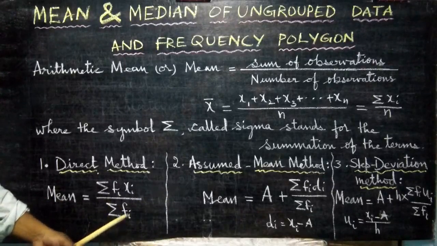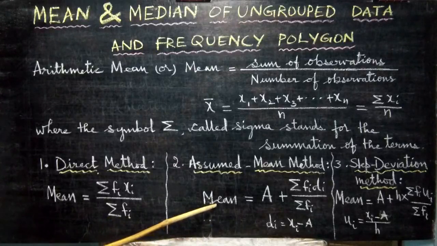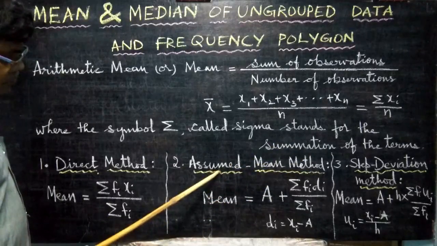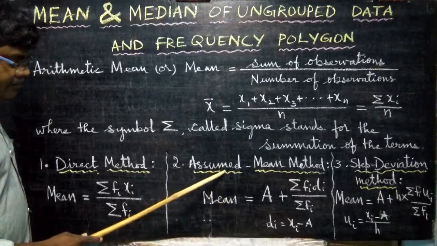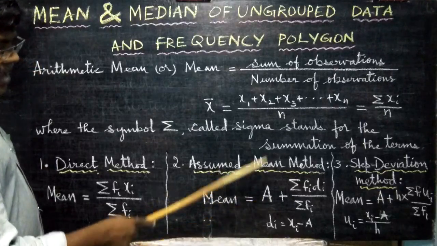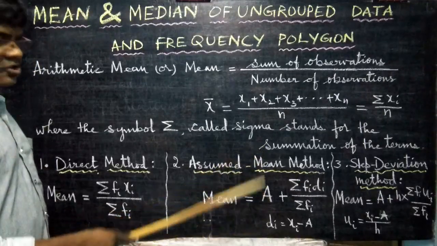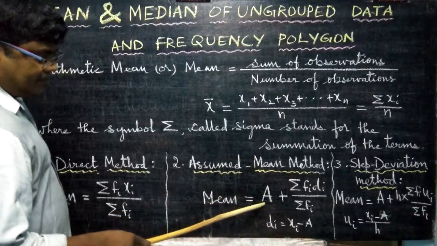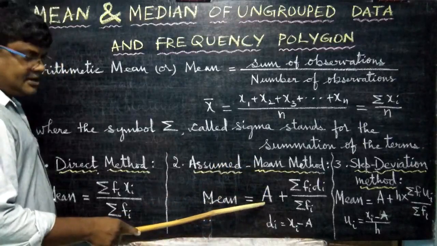Sigma means sum. In the same way, in the assumed mean method, only one word is there, assume, that we call A. Among the x, the first column, we select the middle one and represent it as A. While doing problems you can understand more.